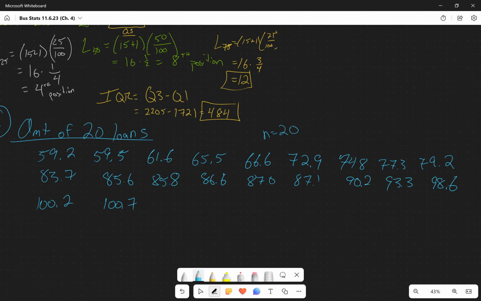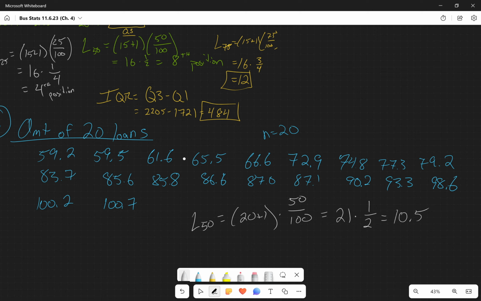So my median, I know that my median, my L50, is going to be 20 plus 1 times 50 over 100. So this is going to be 21 times 1/2. This is going to be 10.5. And so when we have an even number, we're going to end up averaging the two innermost middle values of the data set.